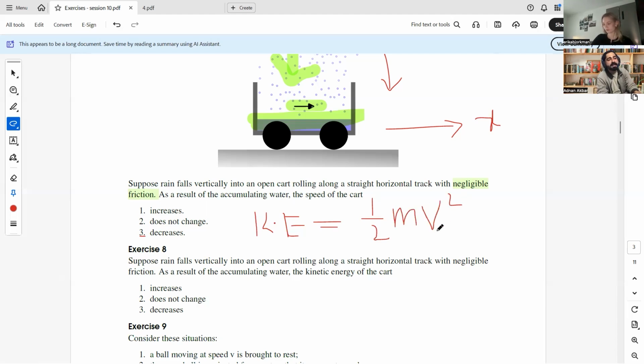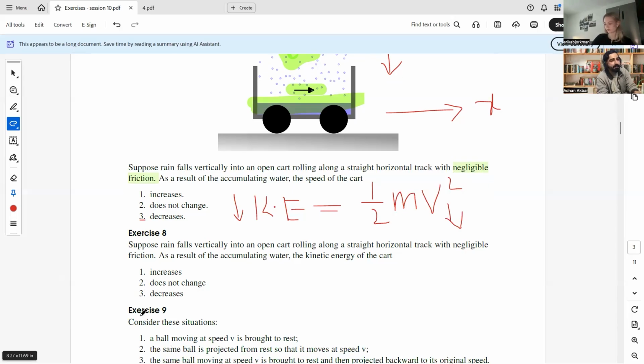If the speed is getting reduced, then it is understood that kinetic energy should be reduced. Option 3 can be the answer, but we need to discuss it.